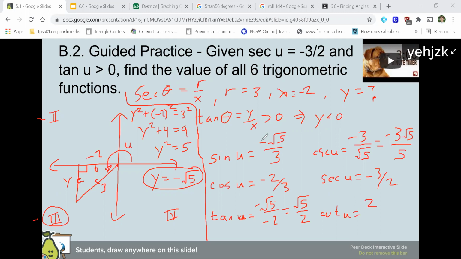And its reciprocal then would be 2 over the square root of 5, which is fine for WebAssign. ACT, they'd probably more likely put the answer as 2 square roots of 5 over 5. All right, questions on this? Or does anyone need more time to write?